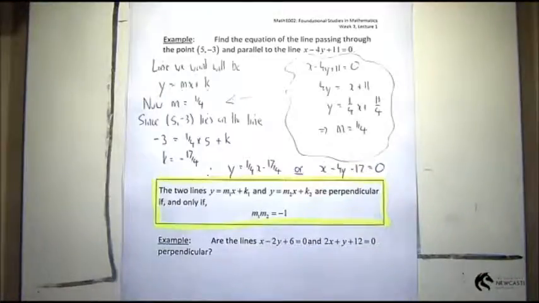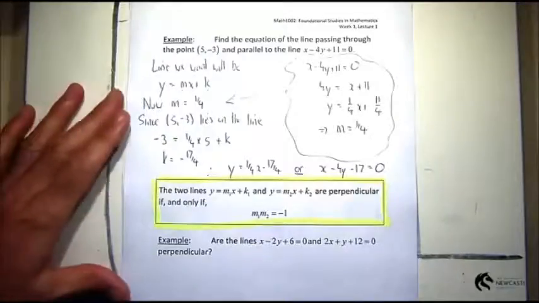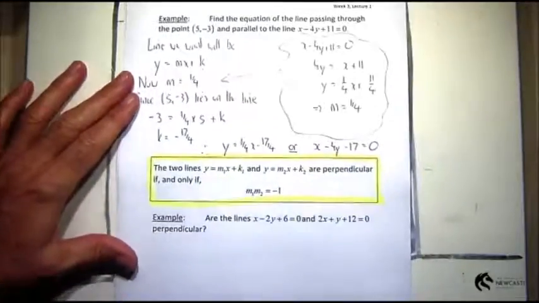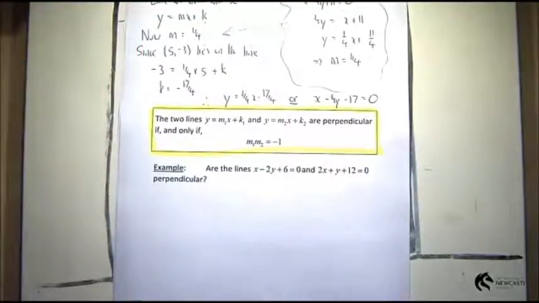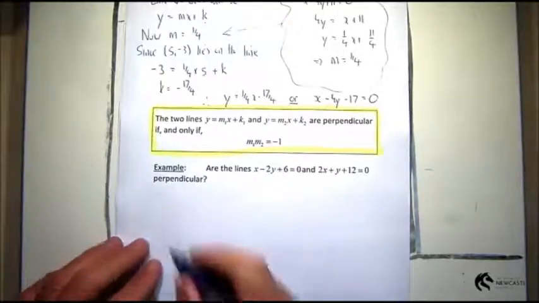So perpendicular lines, their slopes multiply together to give minus 1. So here it says, are x minus 2y plus 6 equal to 0 and 2x plus y plus 12 equal to 0 lines at right angles? Are they perpendicular? Well, let's check.